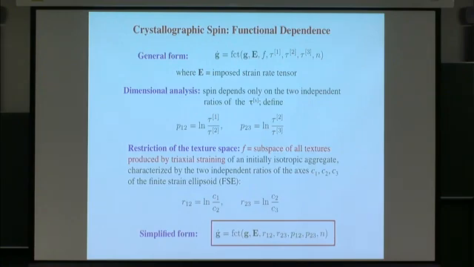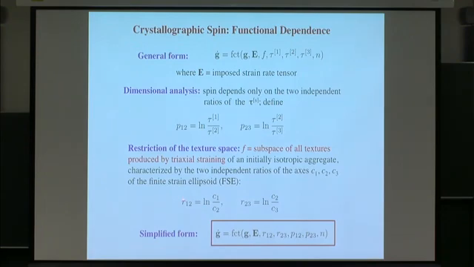Now another problem you will have seen immediately is that obviously I can't consider every possible texture and the influence of those textures on the slip rate. So what I'm going to do is restrict the texture space to a subspace of all textures produced by triaxial straining of an initially isotropic aggregate. So it's a well-defined subspace of the textures. And that subspace can be characterized by the 2 independent ratios of the axes of the finite strain ellipsoid.